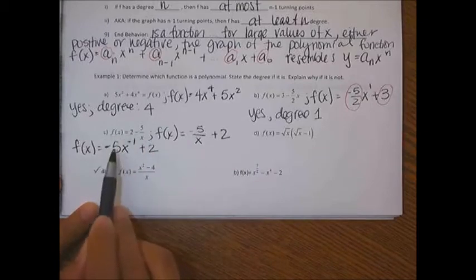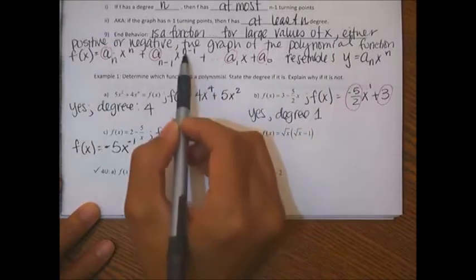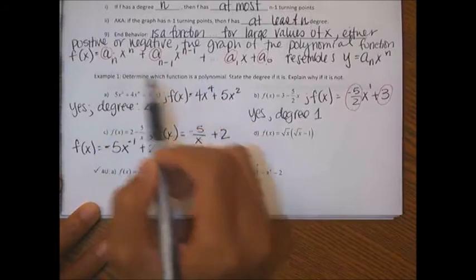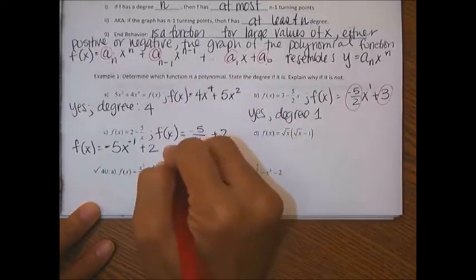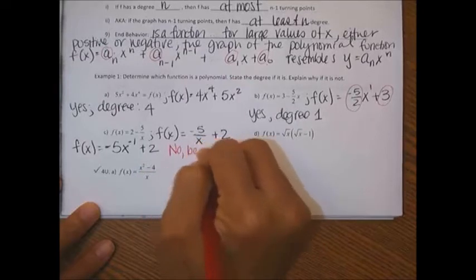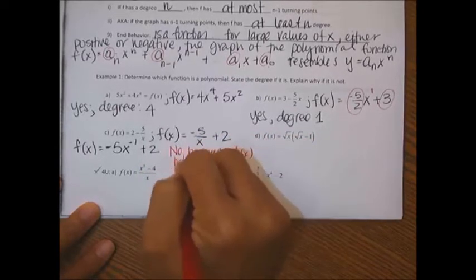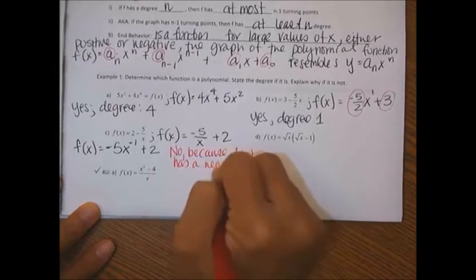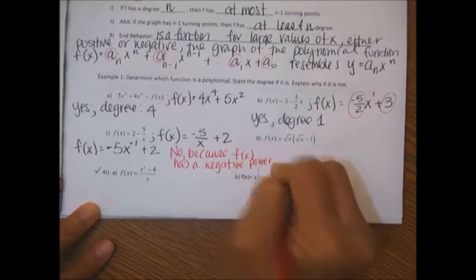So therefore, this is not a polynomial because according to our definition of a polynomial, all of your exponents must be positive integers. So this is a no because f of x has a negative power or degree, whatever you want to use, okay?